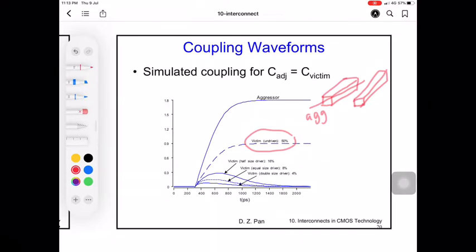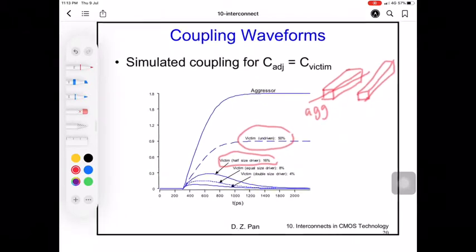And if you have an equal size driver, the coupled signal is even lower, 8%. And if you have a double size driver, the coupled signal is 4%. So as you can see here, it is inversely proportional to the size.